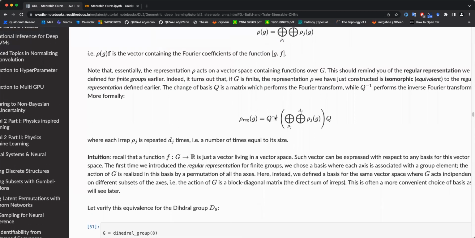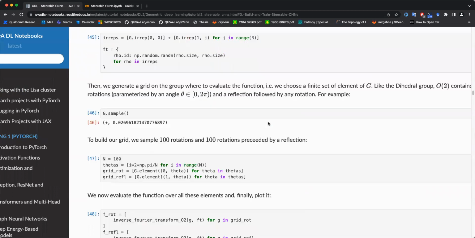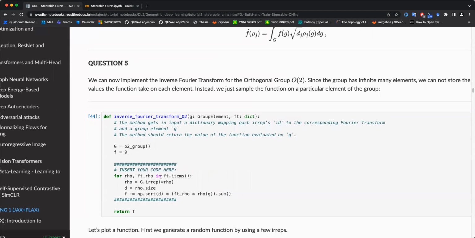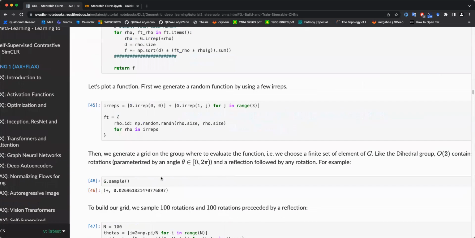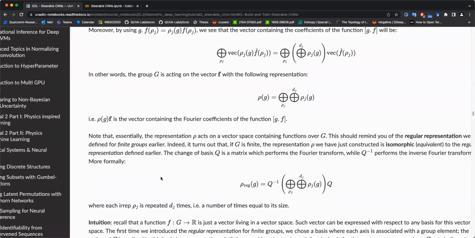When you build a regular representation and take a change of basis, that's a very large matrix Q, which implements in a more implicit way all these functions you built yourself earlier, which were taking these inverse Fourier transforms, but with the right indexing and the right coefficients in the matrix. So that's basically all we need to know about Fourier transform and regular representation.